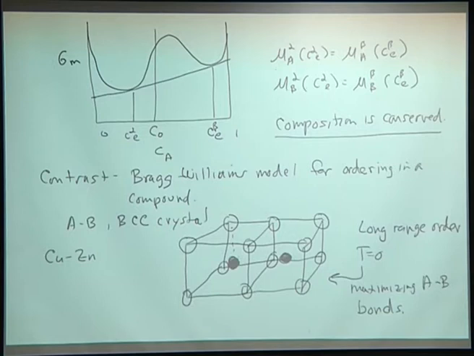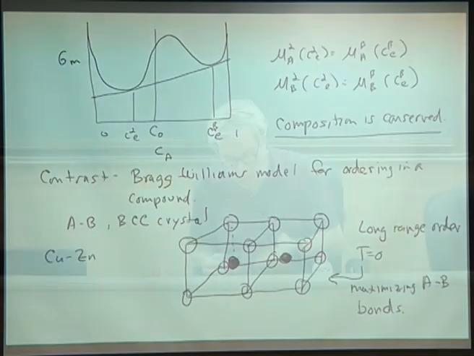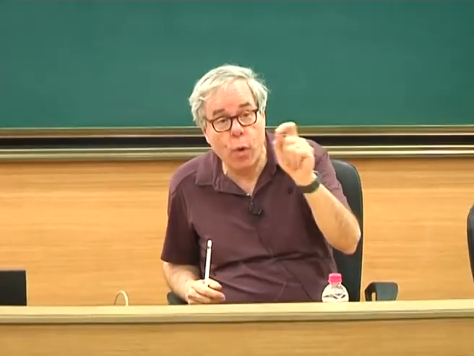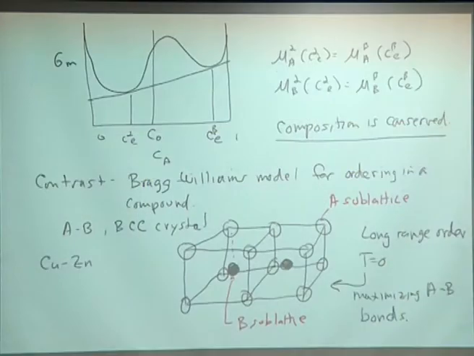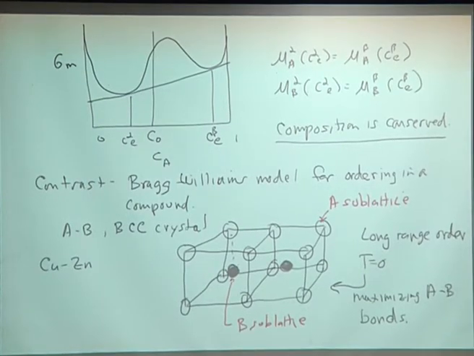So you think about this in 3 dimensions, right? In 3 dimensions, you have every one of these body center positions occupied by a B atom, and every corner is occupied by an A atom, okay? And what that means is that you can identify sublattices, and this would be the B sublattice, and this would be the A sublattice.